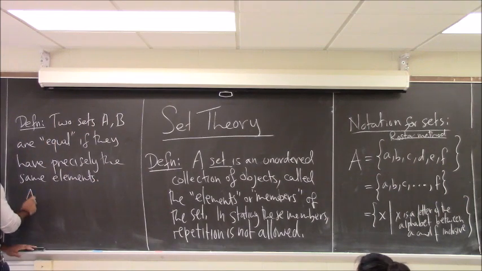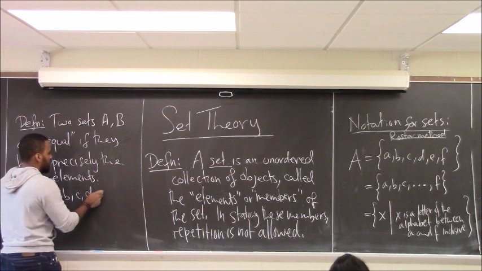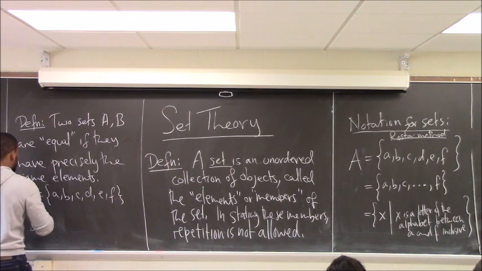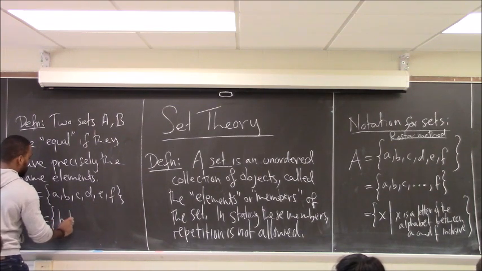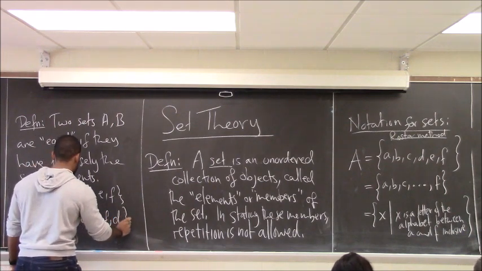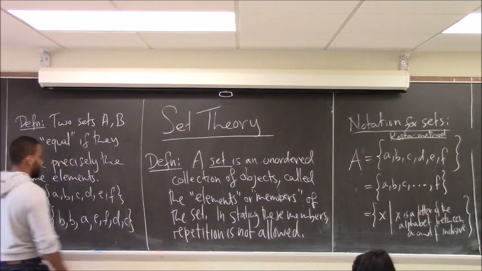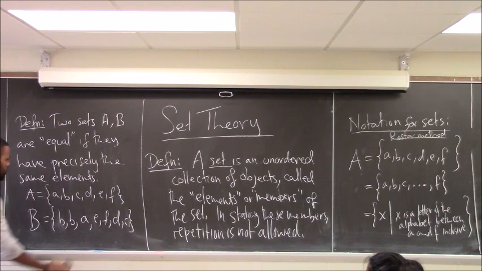So if my A is A, B, C, D, E, F, and my B is B, B, A, E, F, D, C, then, yes, B is repeated. Did I get everyone here? I missed the E.